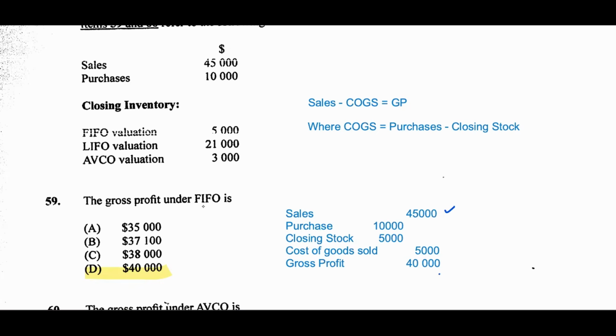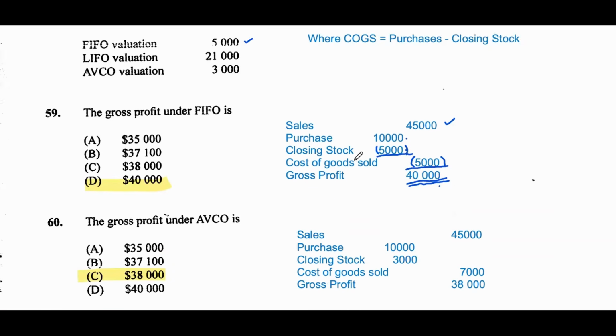In this case, the closing stock value using is 5,000 because that's the question asked us, first in first out. So purchases less closing stock, 10,000 minus 5,000 to give us cost of goods sold as $5,000 here. Therefore, sales less cost of goods sold can give us a gross profit of 40,000. So on the first in first out technique, gross profit is $40,000.